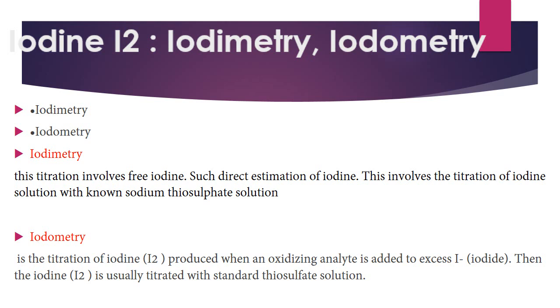This oxidizing agent oxidizes I- to iodine, which gives me free iodine. And then this free iodine is titrated with the standard solution, which is also sodium thiosulfate solution, or hypo solution. Okay, and this is the difference between iodometry and iodimetry.